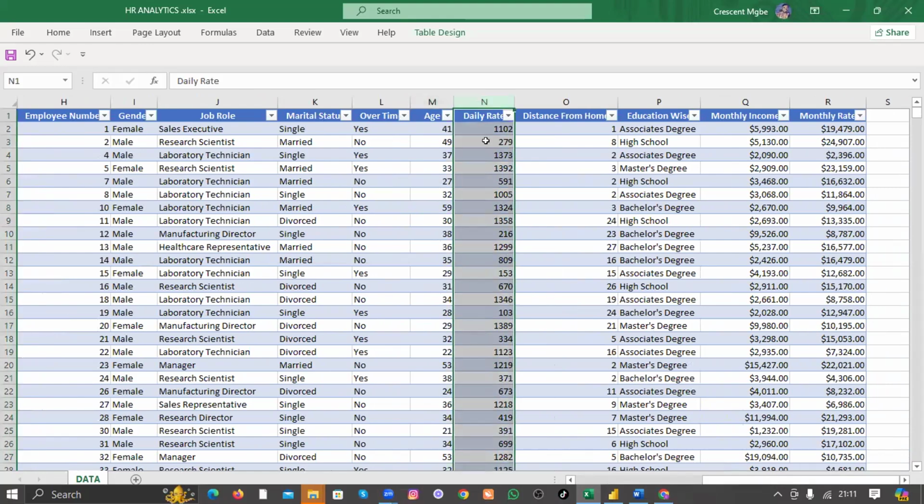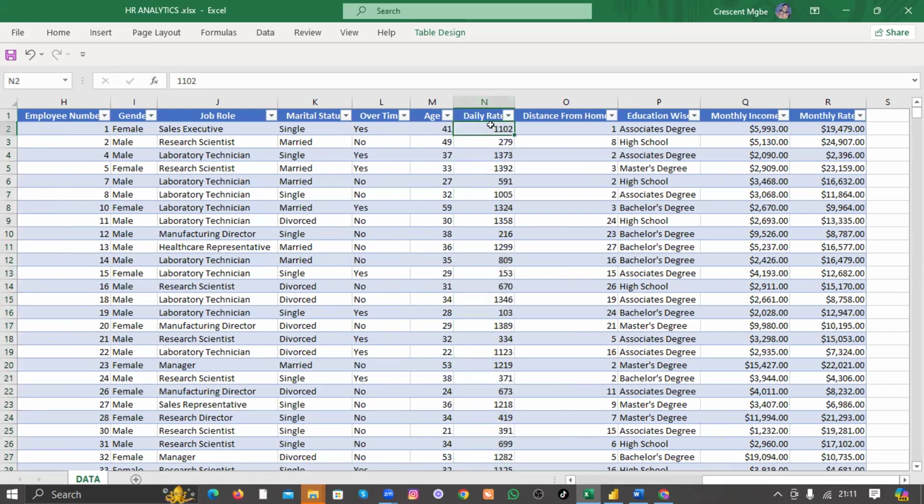Then daily rates. This daily rate is something like hourly rate. If you're working abroad, if you're living out of Africa, they pay people per hour. So if your hourly rate is, let's say, $40 per hour, then they'll calculate the number of hours you've worked in a day. Maybe you worked 8 hours in a day or 12 hours in a day.